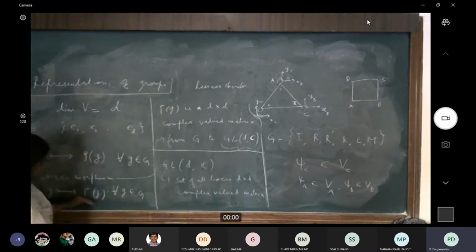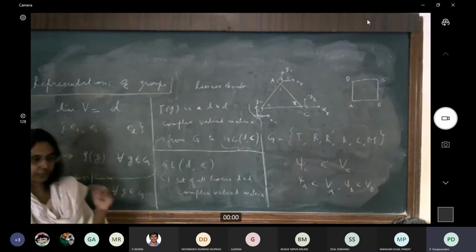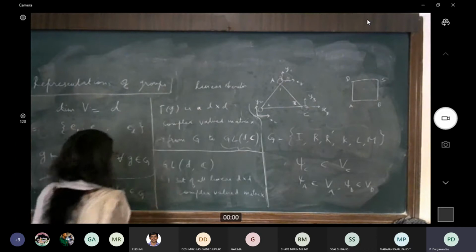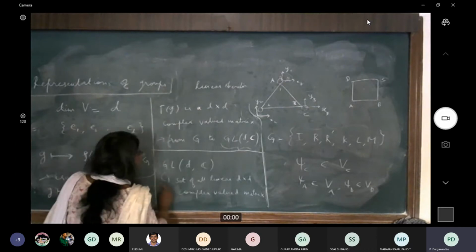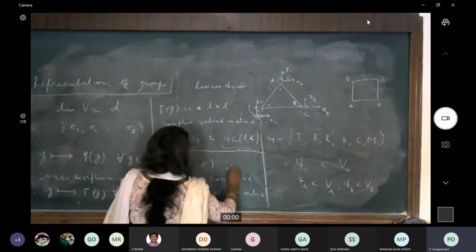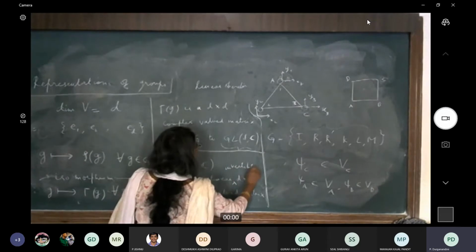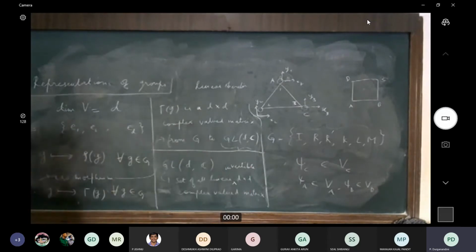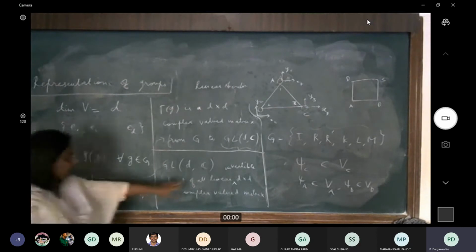But why do I want invertible matrices? Because I know for every G I also have a G inverse, so it will correspond to an invertible matrix. If I want to preserve the group property, then I have to construct a homomorphism from the group G to this set of all invertible d by d complex valued matrices.